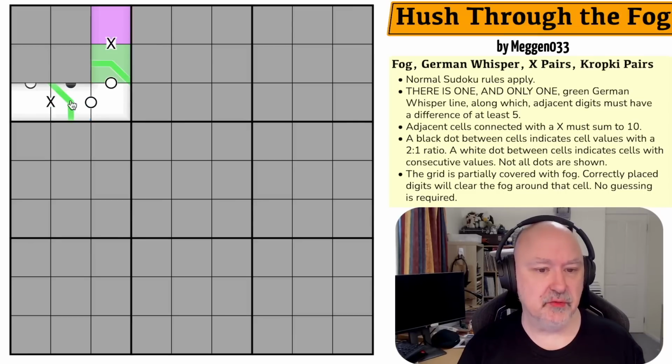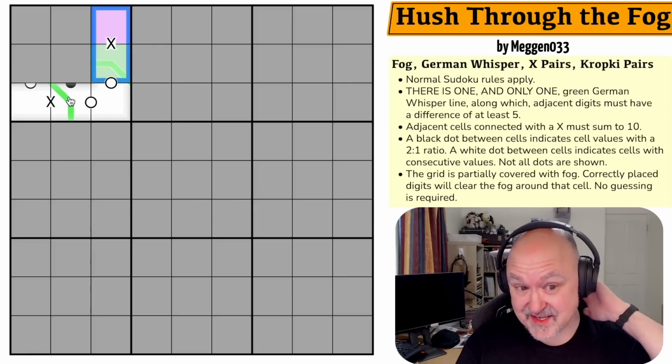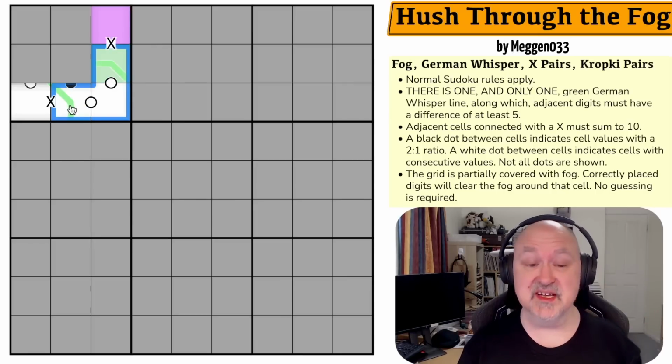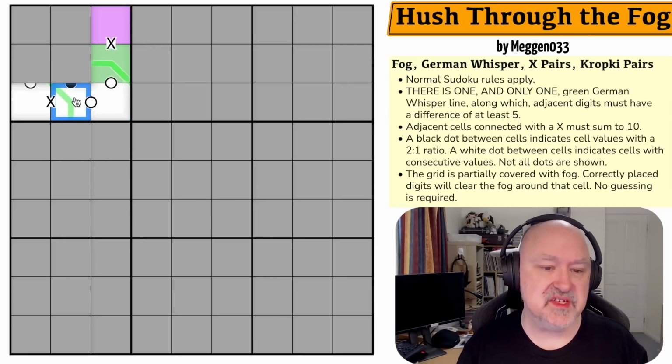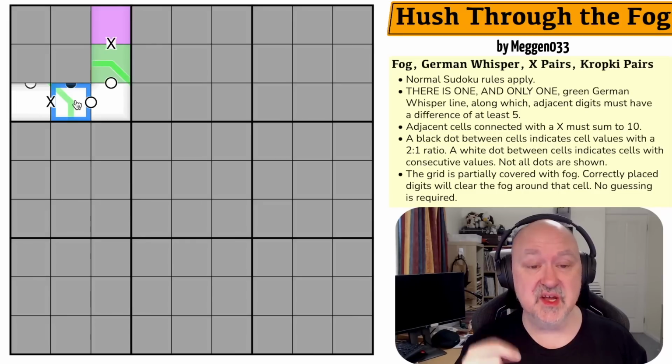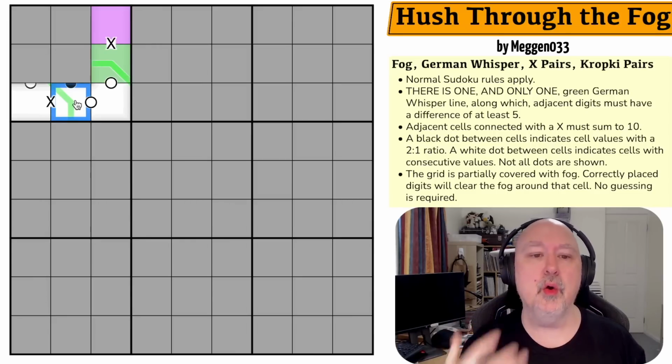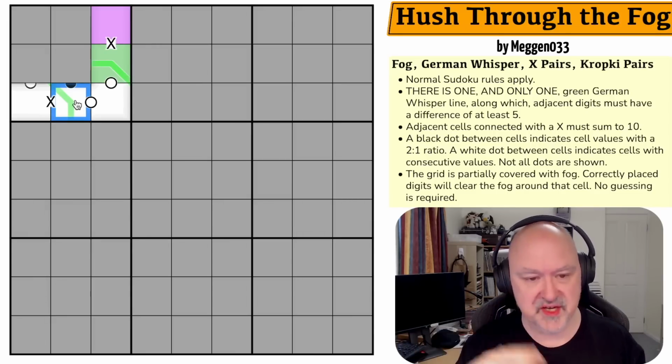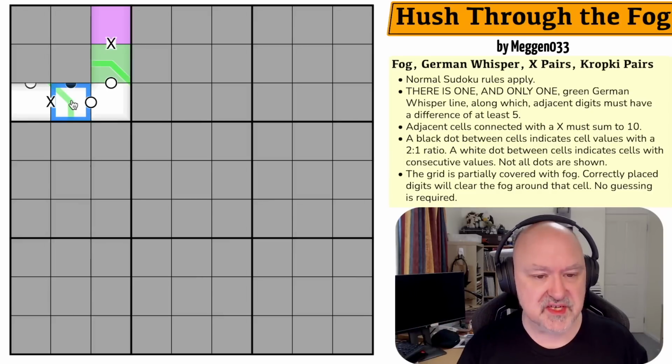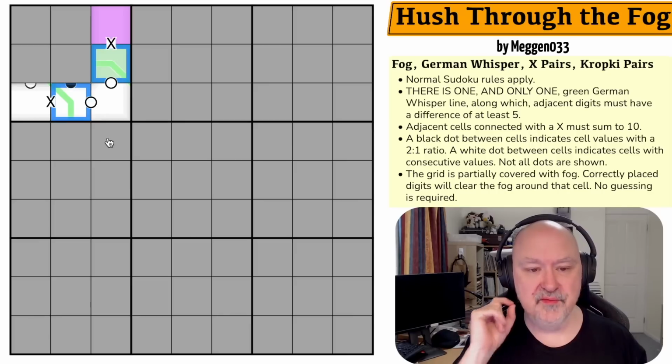Okay, this has to be green because of the consecutive dots. This is the X's, the lines, and the consecutive dots working together, and that's really cool. So if this was purple, because it has to be either green or purple, and green is either below 5 or above 5. I don't know which it is, but it's one of the two. For this to be purple, one of them is below 5 and one of them is above 5.